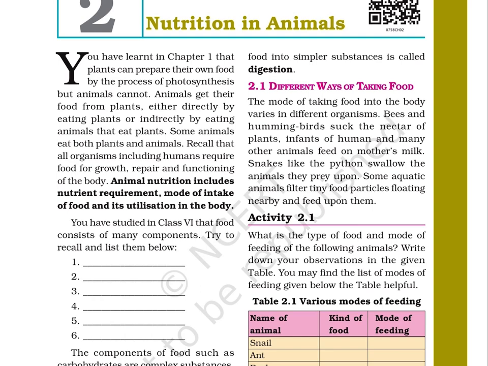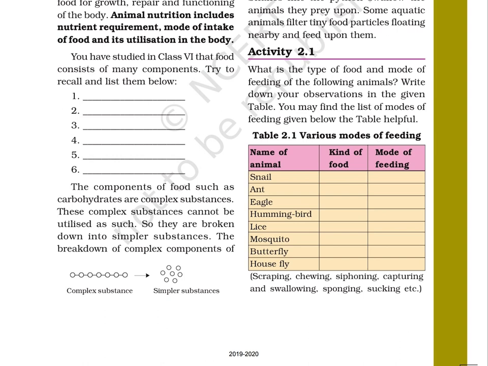Activity 2.1 What is the type of food and mode of feeding of the animals given here? Write down your observations in the given table. You may find the list of modes of feeding given below the table helpful. Table 2.1 Various modes of feeding.